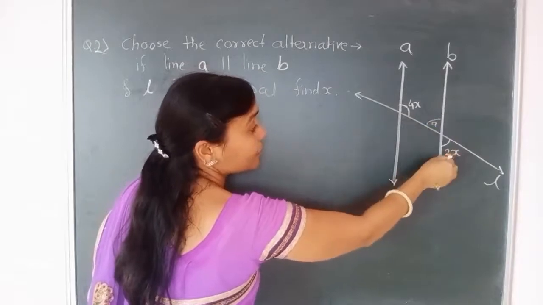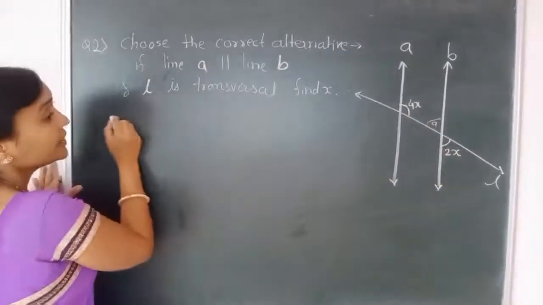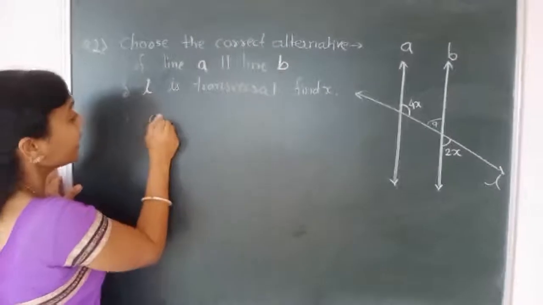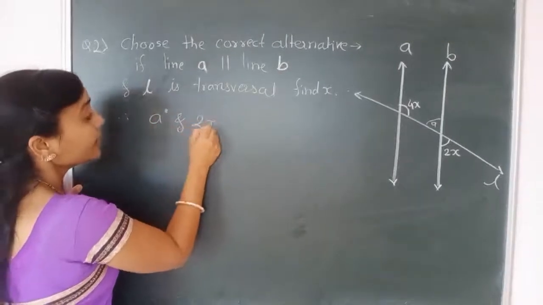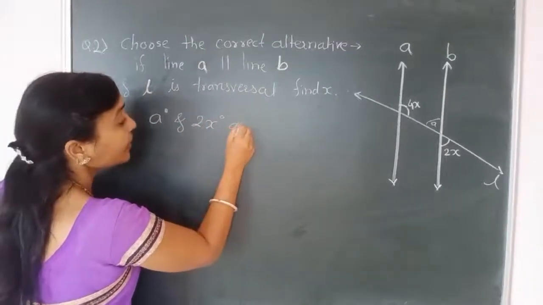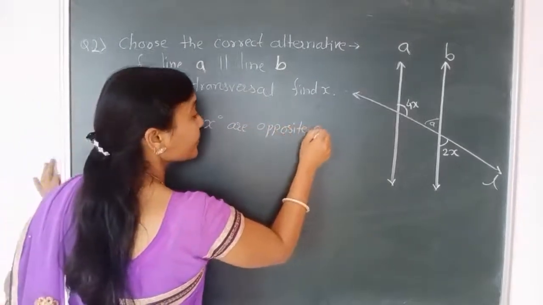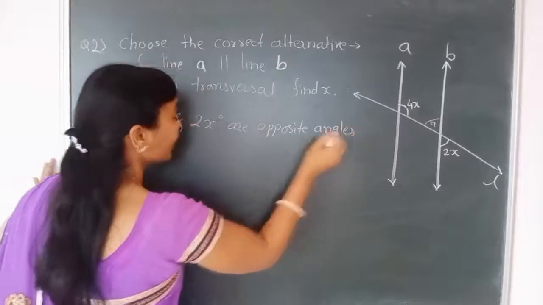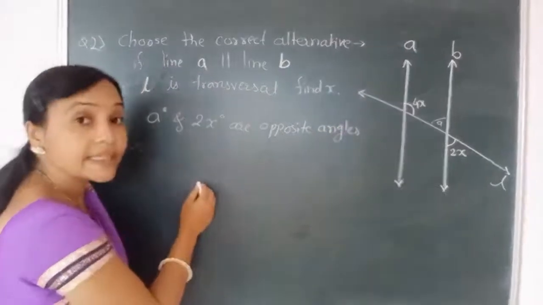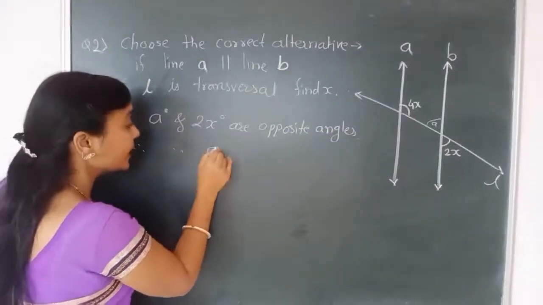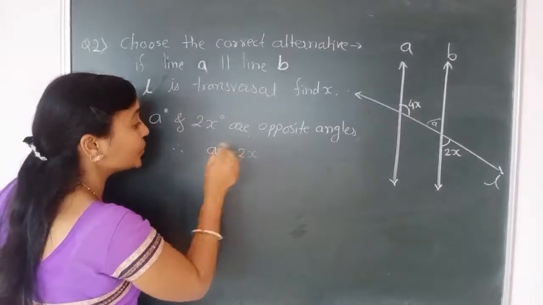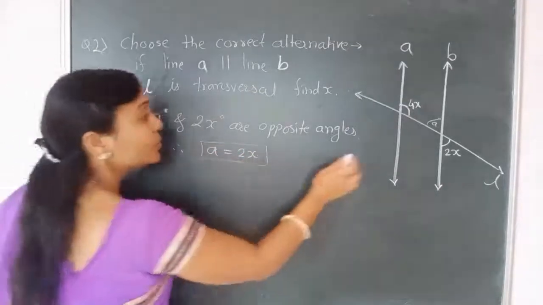What is the relation of angle A and 2x? These are the parallel lines. Therefore, angle A and angle 2x are opposite angles, and we know that opposite angles are congruent. Therefore, we write A is equal to 2x. The A value is also 2x.